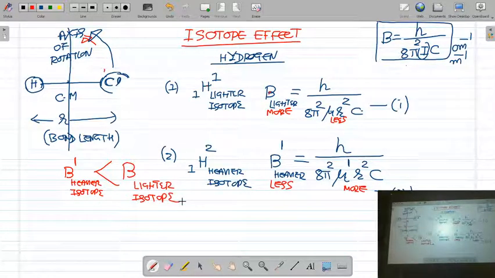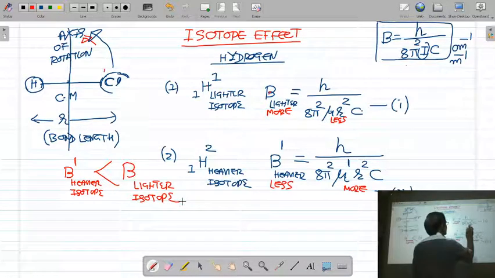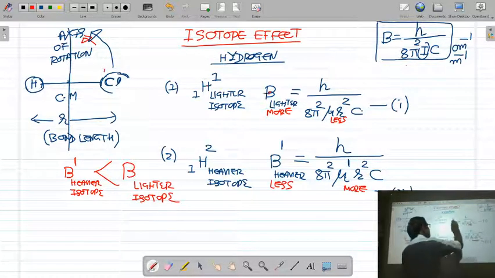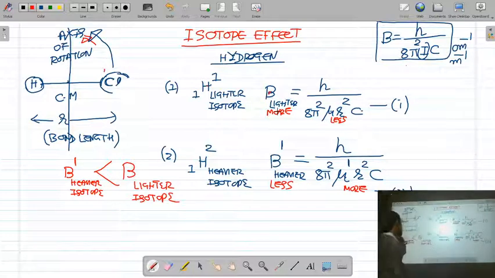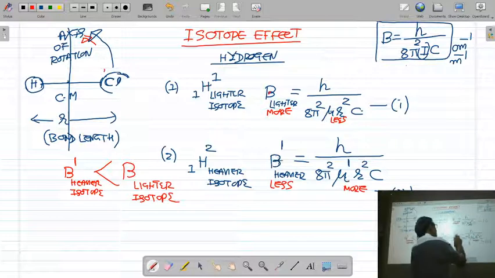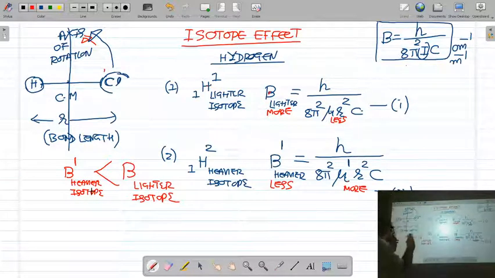From this calculation, we have seen that the reduced mass of the lighter isotope is less, so its rotational constant is more, and the reduced mass of the heavier isotope is more, so its rotational constant is less than that of the lighter isotope.